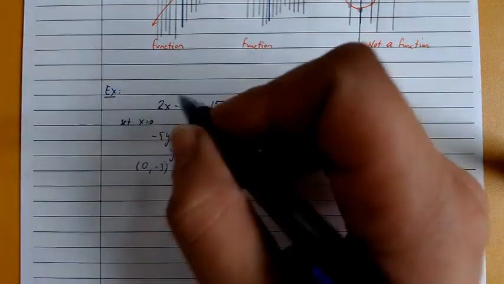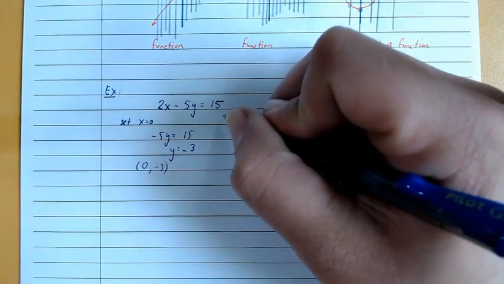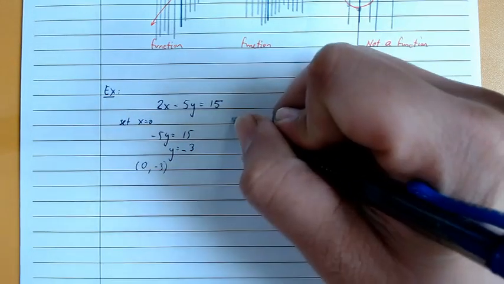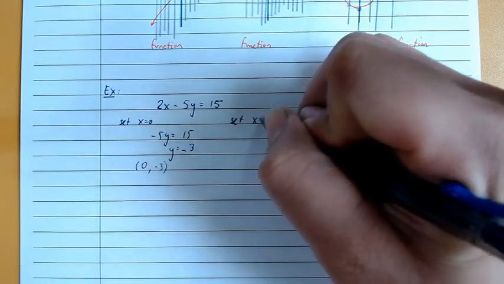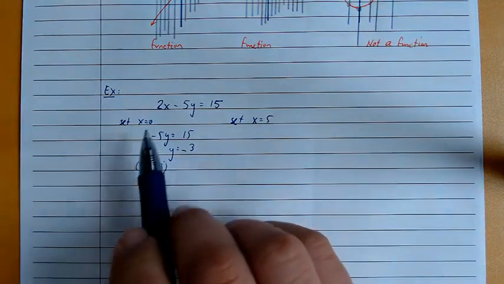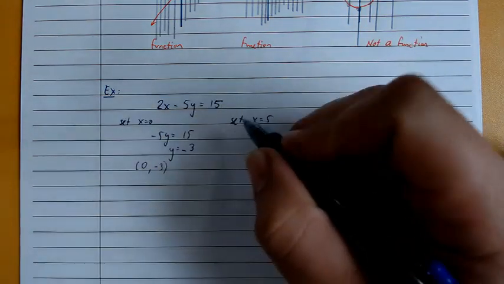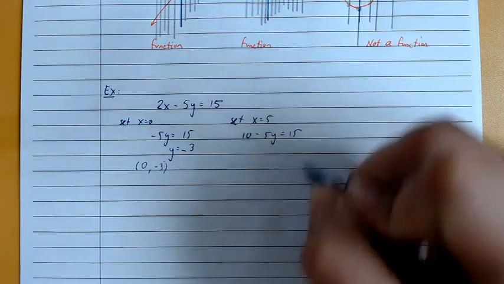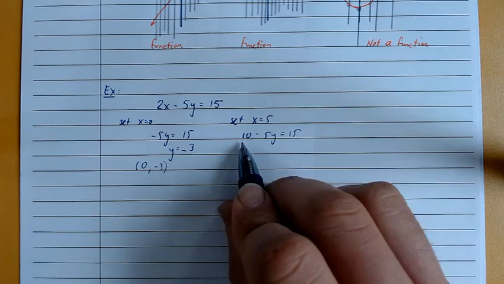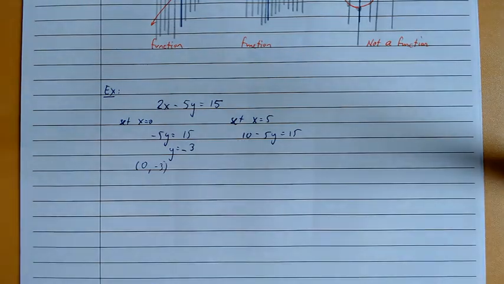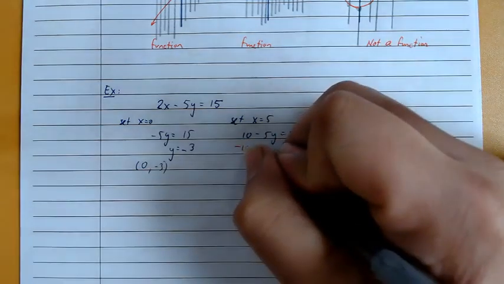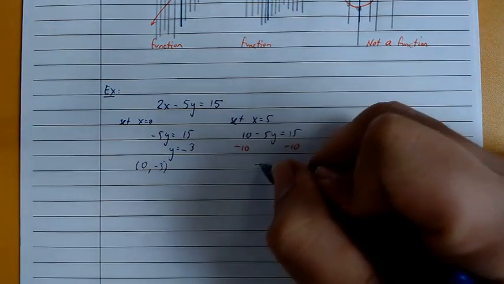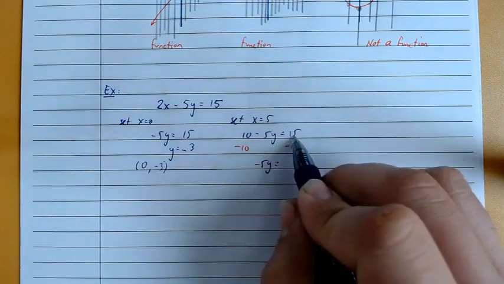If I then set, let's do x equals 5. Let's go ahead and set x equals to 5. Well, then that'll give us 2 times 5 is 10, minus our 5y equals 15. We can then subtract 10 from both sides. And that'll give us minus 5y on the left side equals 15 minus 10.